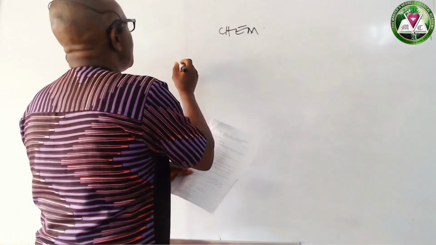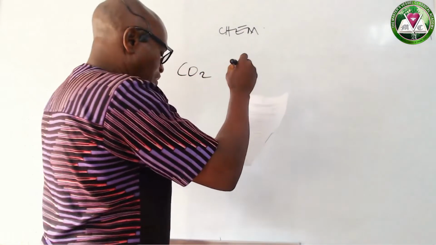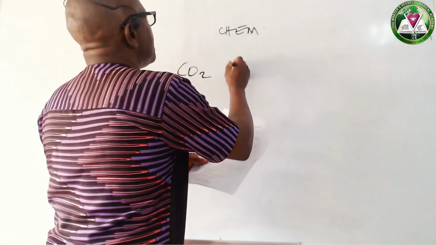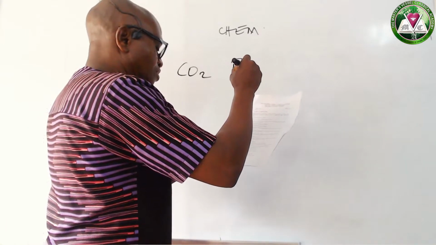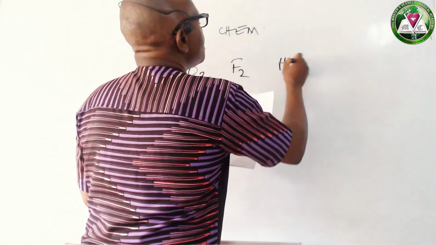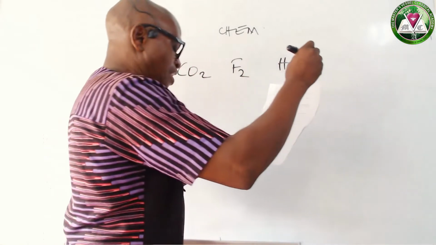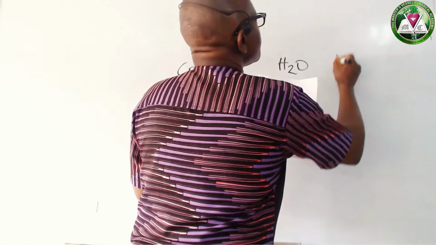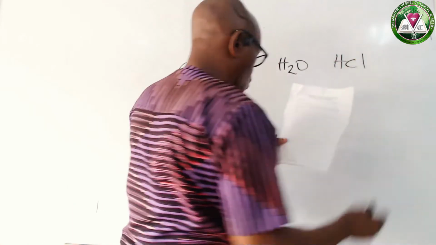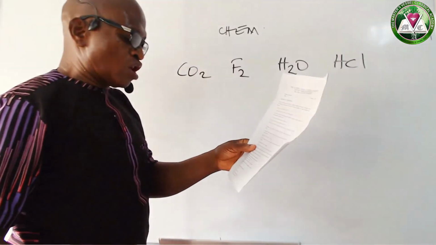The molecules here are A, CO2, B, fluorine molecule, C, water molecule, and D, hydrogen chloride molecule.